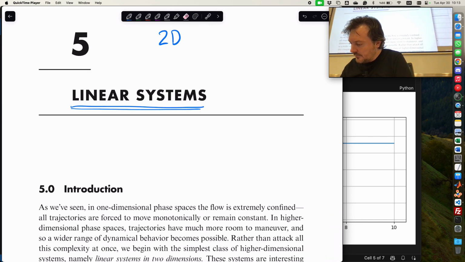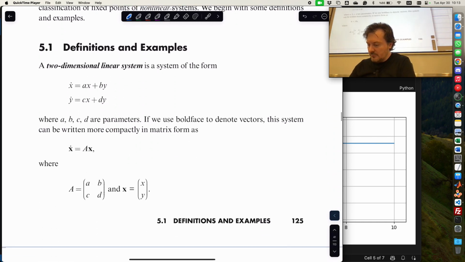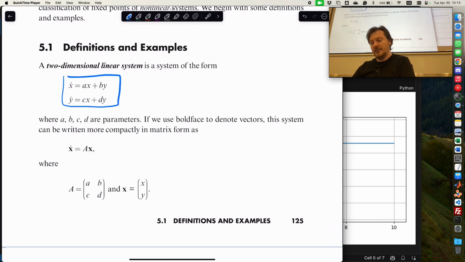Two D linear flows. There's a very nice simplification here. You can just write them like this. Do you agree? Two-dimensional system, x and y has to be linear. You may be thinking, why not add e and f here?